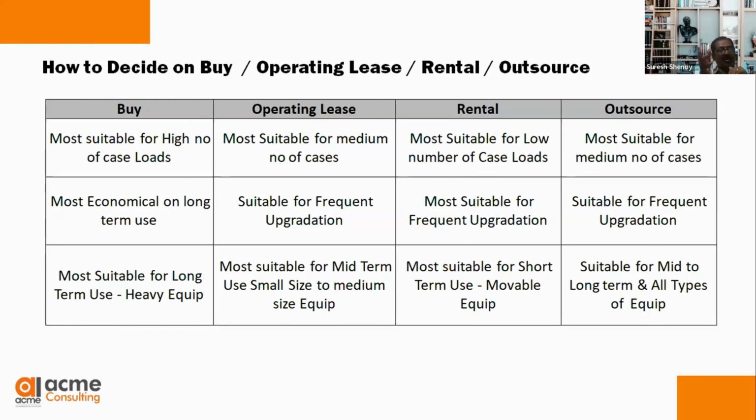If the number of years is more, they will even go for high-capital equipment.